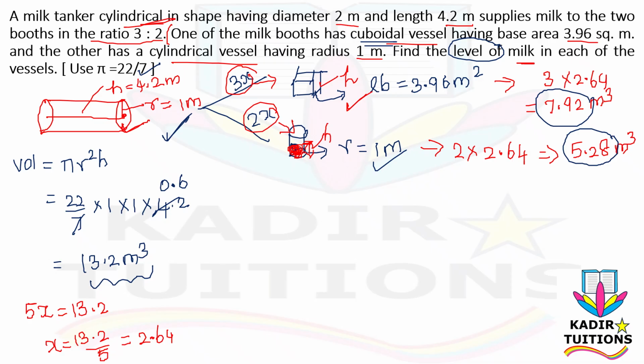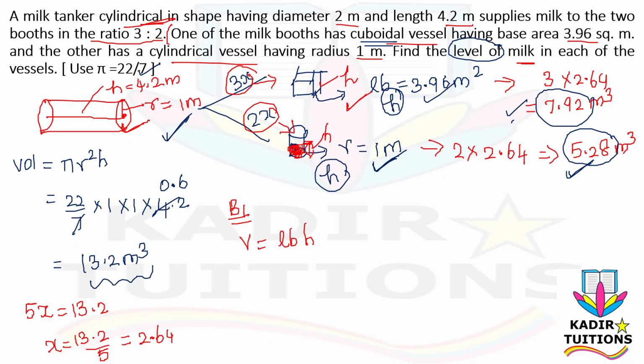Now using this volume and the base area, we need to find the height for the first vessel, and for the second vessel, using this volume and 1 meter as radius, we need to find the height of the cylindrical vessel. Let's do booth 1 first. Booth 1 is a cuboidal vessel. The volume of a cuboidal vessel is LBH.